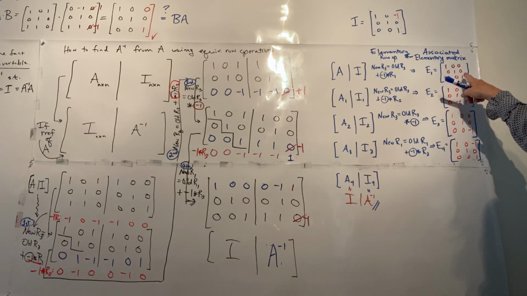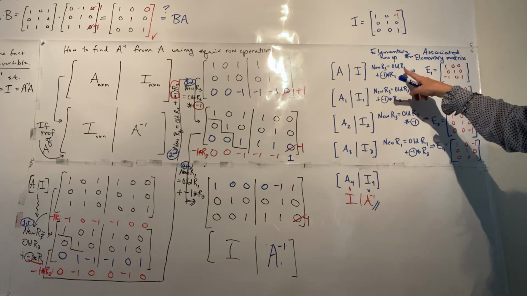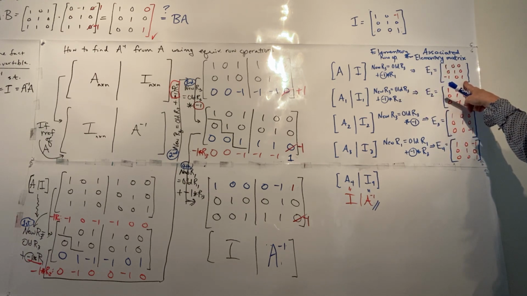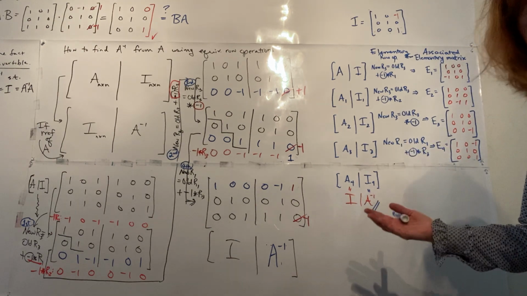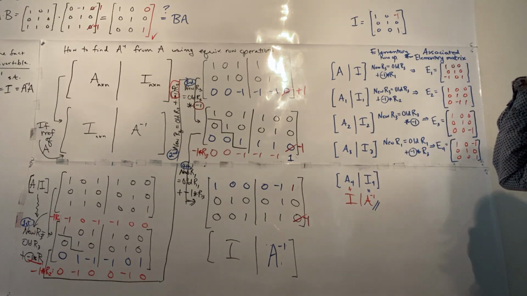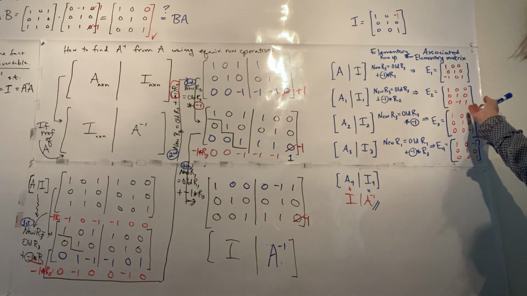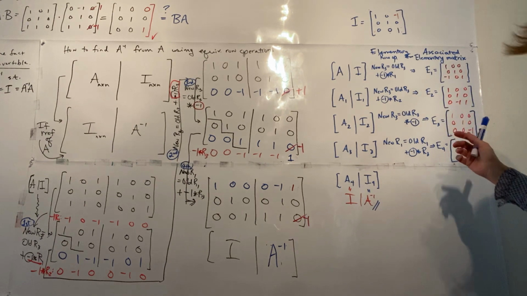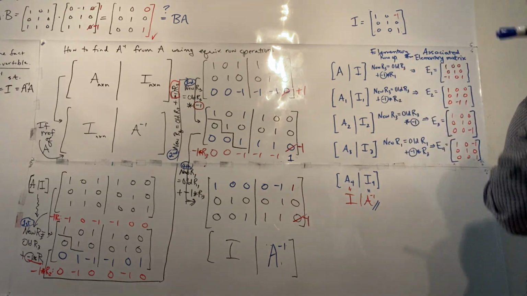Well, a new row 3, getting rid of that negative 1, equaling that old row 3 plus 1 times row 1. That's reversible, right? So this elementary matrix here has an inverse, something that undoes it, or an elementary matrix that undoes that row operation.